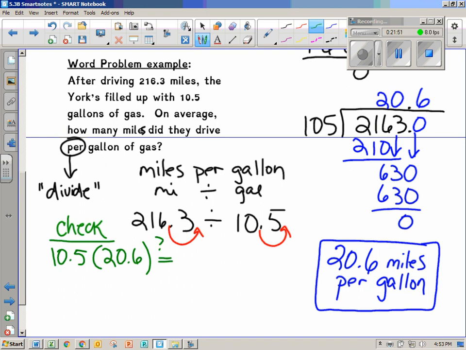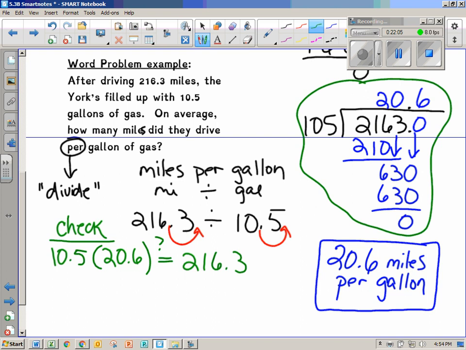We're trying to show that that comes out to be 216.3. So you have to really be careful when you're checking about not looking at this, because we adjusted our numbers there. You really have to go back to your original problem. That's why it's good to write it down so that you can see it clearly when you get ready to check. And then you would just multiply this out, and it actually does check because I checked it on my work.